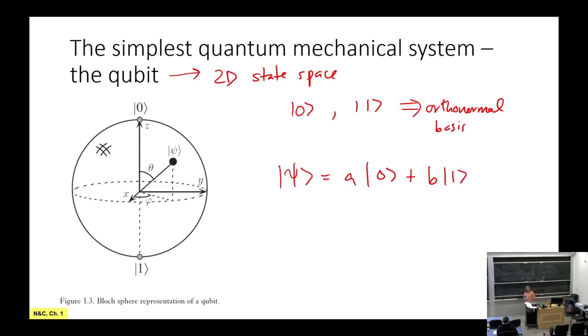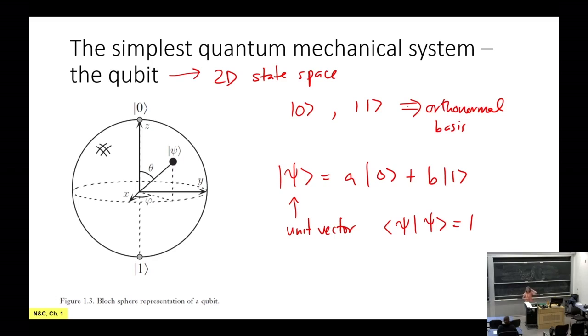Here A and B are complex numbers, and we've seen this equation before. And the condition that our state be a unit vector, when we're talking about qubit systems, satisfies the condition that the inner product <psi|psi> is equal to 1. That's called the normalization condition for these state vectors.